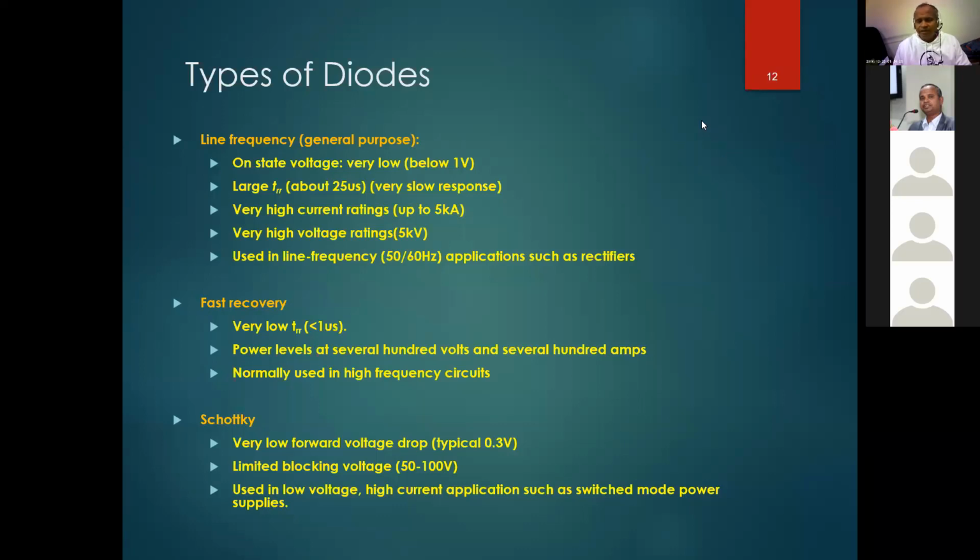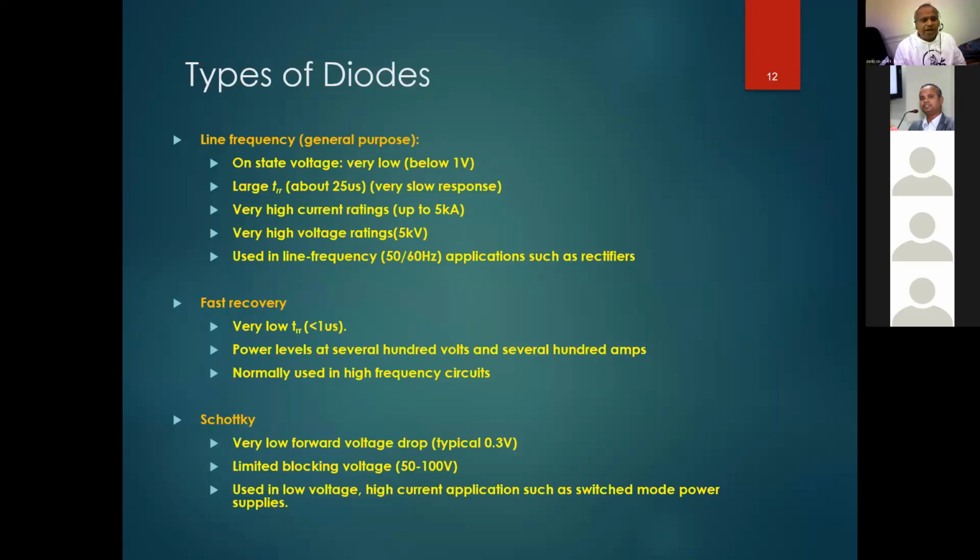In the data sheet, the reverse recovery time may or may not be mentioned. The on-state voltage drop is very low, and the reverse recovery time may be given around 25 microseconds. The current rating is very high, up to 5 kiloampere, and the voltage rating is up to 5 kV. They are used in rectifier applications.